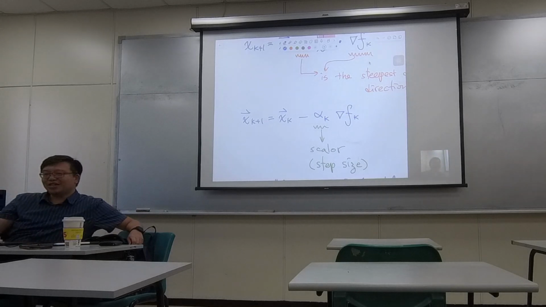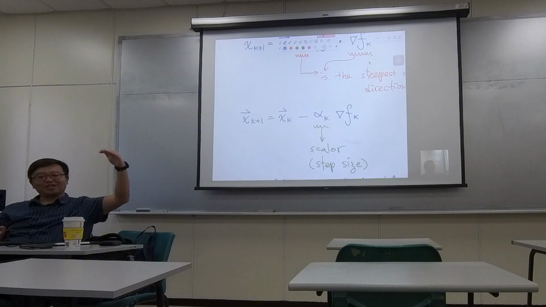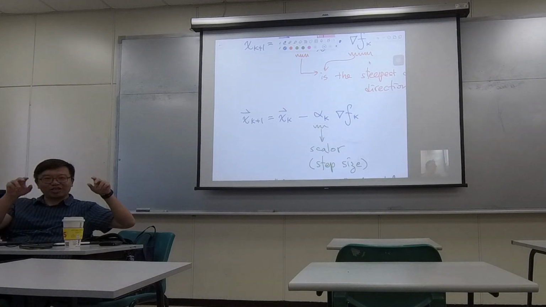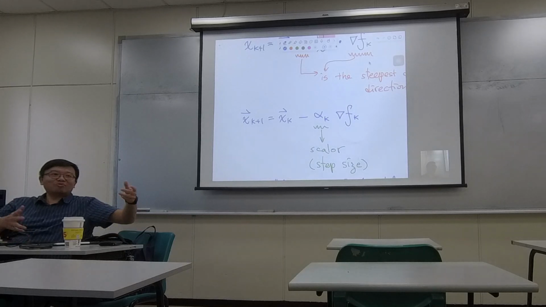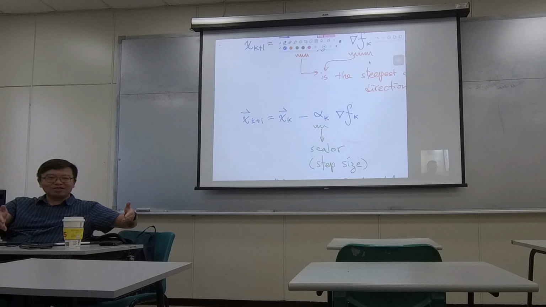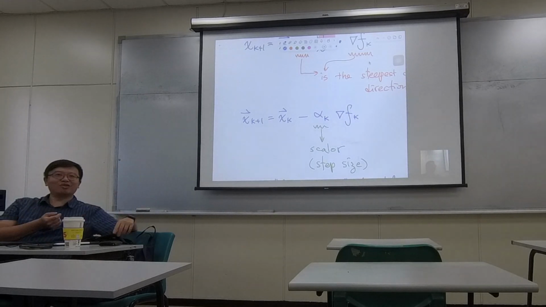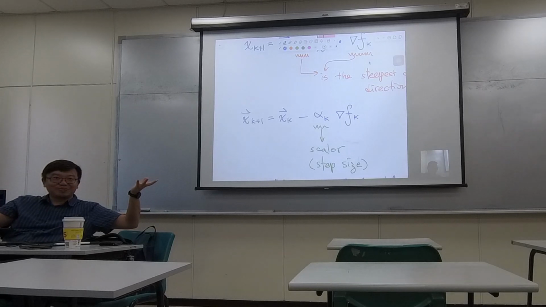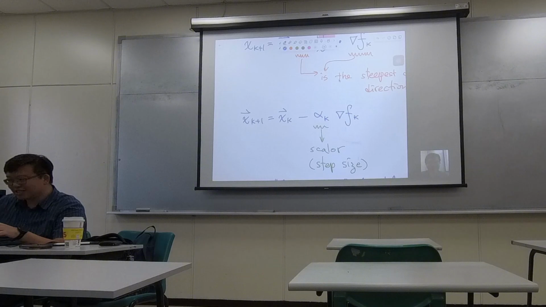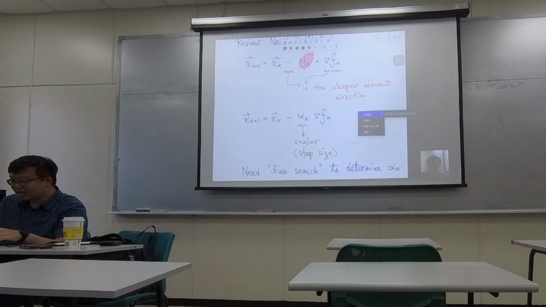That's why the GPT code at the beginning checks whether the vector length of the gradient is small. If it's small, you don't need to move. Your gradient based approach will not move anywhere because gradient is almost zero. Okay, so that's why GPT did it. Okay, so let me go back.